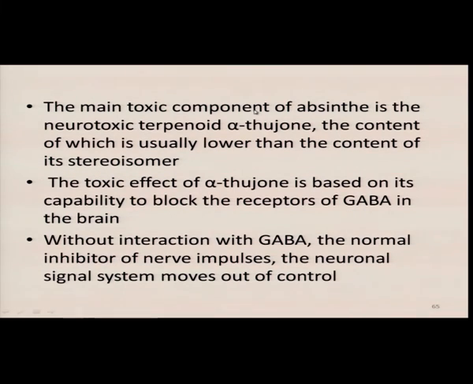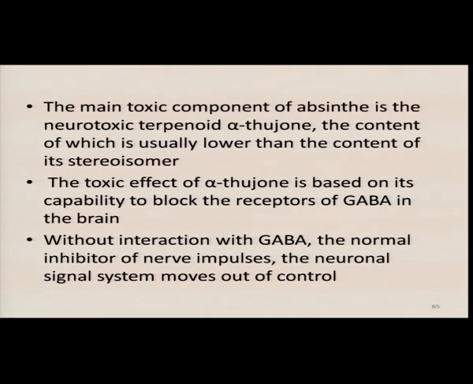The main toxic component here is the neurotoxic terpenoid alpha thujone, and its content is normally lower than that of the stereoisomer beta thujone. Alpha and beta thujones are both present, but the exact ratio depends upon the plant, and normally in absinthe alpha thujone is less than beta thujone. The toxic effect of alpha thujone is based on its capability to block the GABA receptor in the brain.